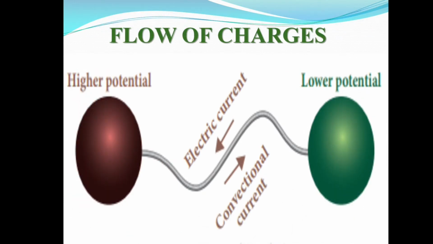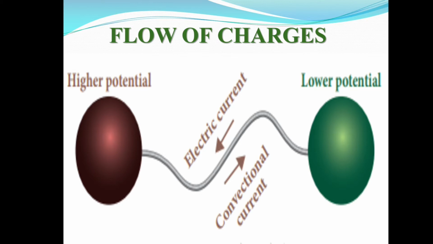Flow of charges. Consider we are taking two metallic spheres. One has more negative charge, that is an excess of electrons, and the other has a deficiency of electrons, that is, it has more positive charge. When you connect both of them with the help of a wire, the excess electrons from the negatively charged sphere will start flowing towards the positively charged sphere.